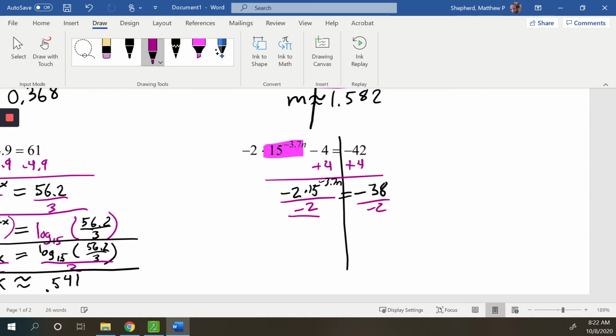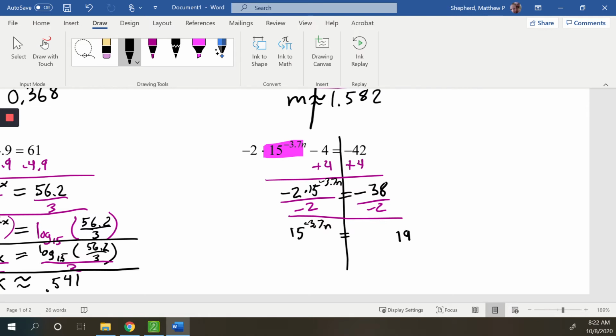Divide both sides by a negative 2. We will have 15 to the power of negative 3.7n is equal to a positive 19.